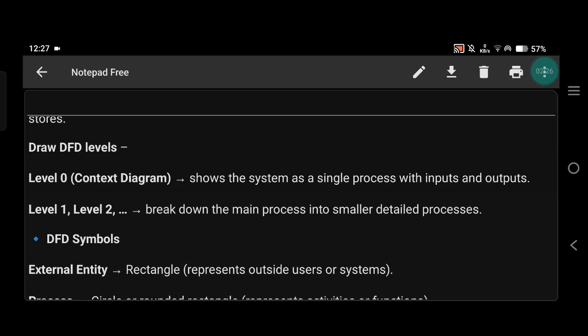Level 0, the context diagram, shows the system as a single process with inputs and outputs. Level 1, level 2, break down the main process into smaller detailed processes.